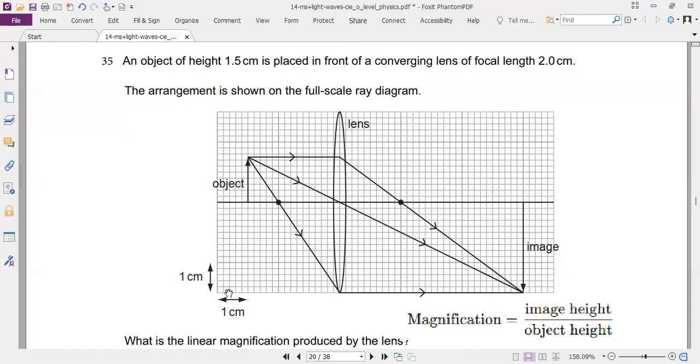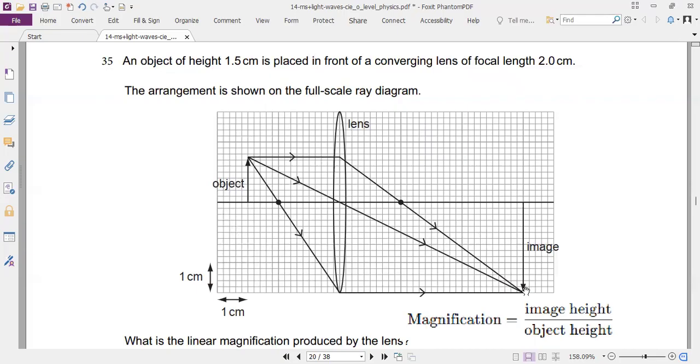So 5 boxes represent 1 centimeter. You don't actually need a scale for the second approach. You can count the number of boxes: 1, 2, 3, 4, 5, 1, 2. If 5 boxes is 1 centimeter, 7 boxes will be how many centimeters?